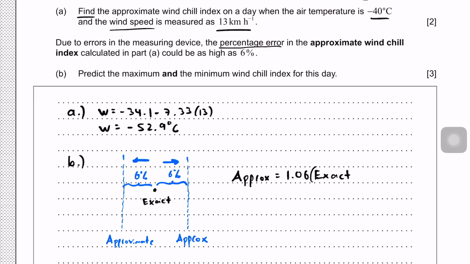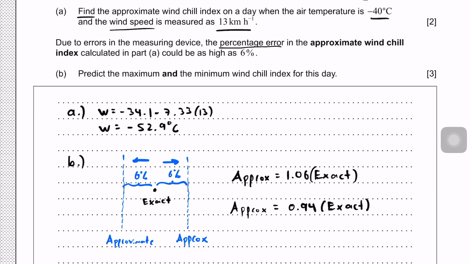I think we can do that. That would be maybe a little better. Or the approximate value, I'm going to write it under here, could be equal to, if it's 6% lower, we would be 6% less. Remember, 6% less of the total of 100%. We would have only 94% of what the exact is.